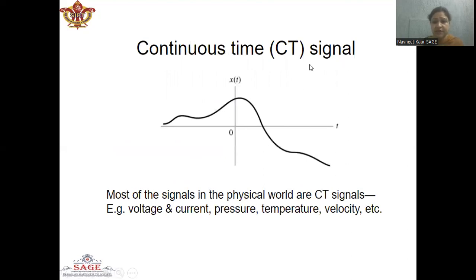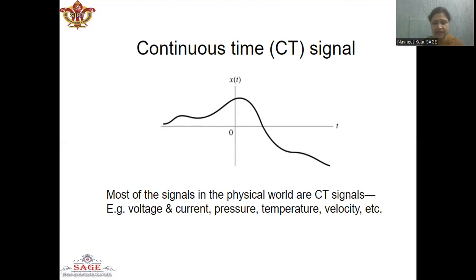Now, continuous time signal: as I have already told, if an independent variable, which is shown here as t, is a continuous function of time, then we call this signal x(t) a continuous time signal. Here we can see that the signal x(t) is defined at every instant of time, so this signal is known as a continuous time signal.